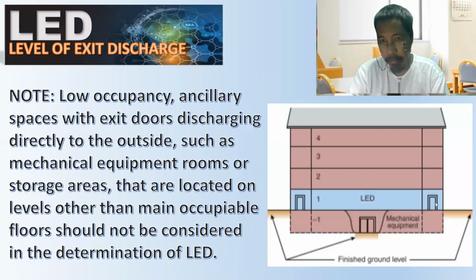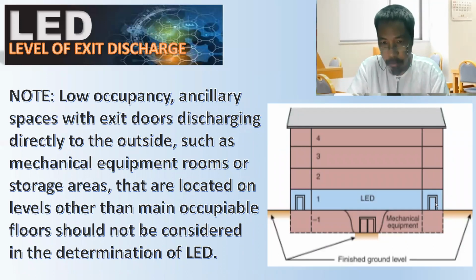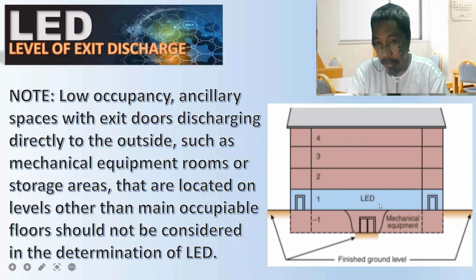Note, again, we have here a picture with the finished ground level, which has an underground level. And from the underground level, we have first, second, third, and fourth floor. So which one is the level of exit discharge? We have the underground level, which also has the same level as the finished ground level.